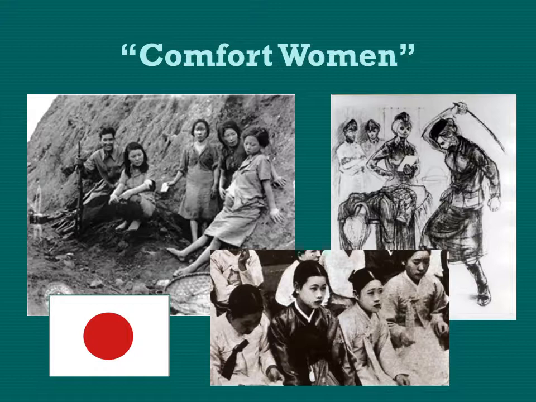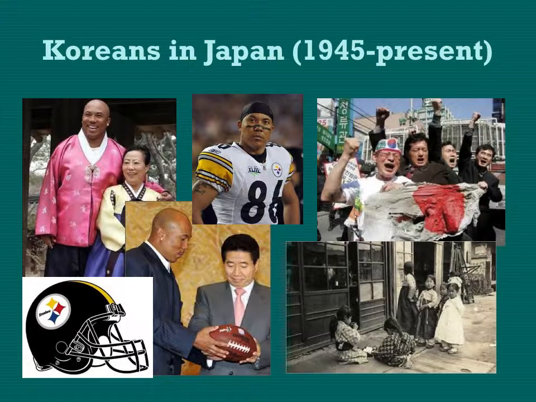Some of them are going to be taken back to Japan after the war and kept on as servants, as mistresses. And there is a small population of Koreans in Japan today, which is interesting. Most of us think of Japan as being a very homogeneous society, but there is a small population of Japanese Koreans there, and they are very much looked down upon because they are the byproduct of this very negative moment in Japanese history.